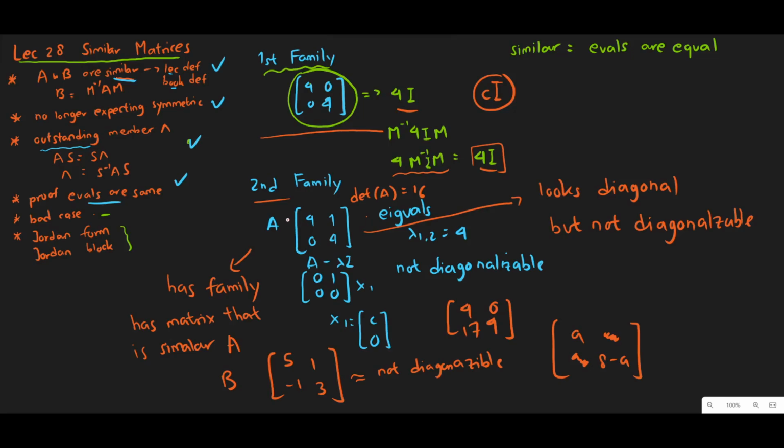It looks diagonal, it is closest to diagonal, but it's not diagonalizable, because if this one were diagonalizable, then we would end up with this one.